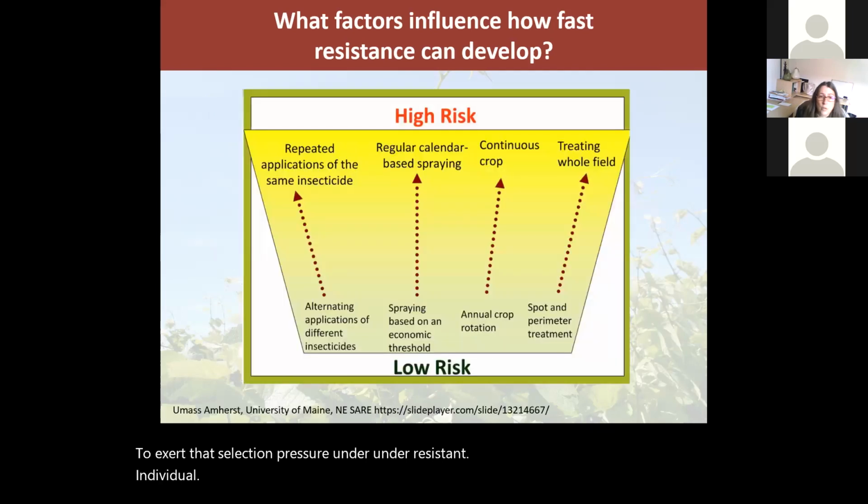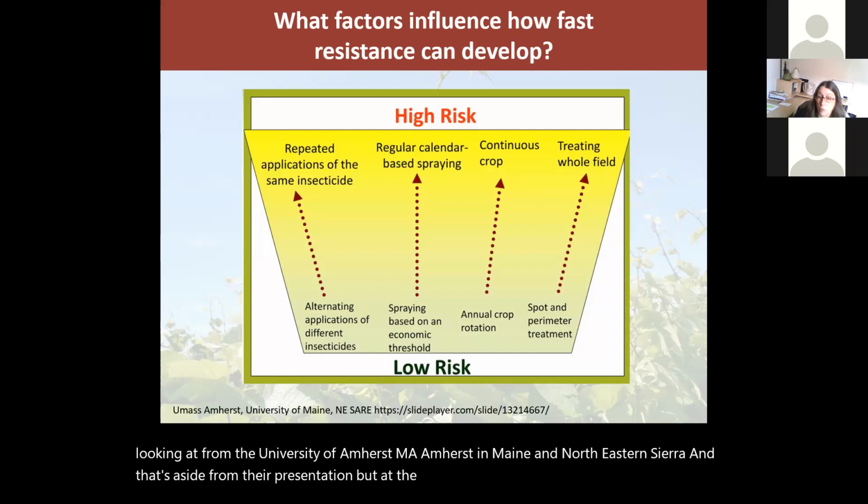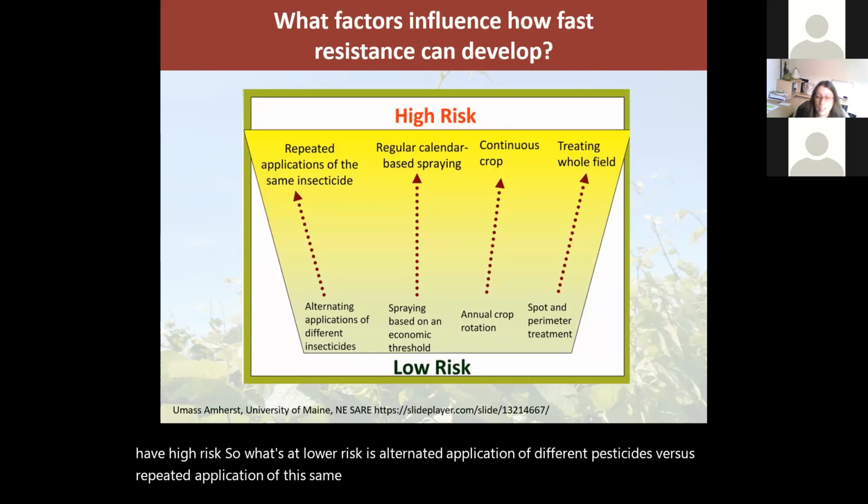Another way to look at this is from a slide that I got from a webinar from the University of Massachusetts Amherst, Maine, and Northeastern IPM. At the bottom you have the low risk, and at the top you have high risk. What's at lower risk is alternated application of different pesticides versus repeated application of the same pesticide, and that's what Leslie will talk about in more detail.